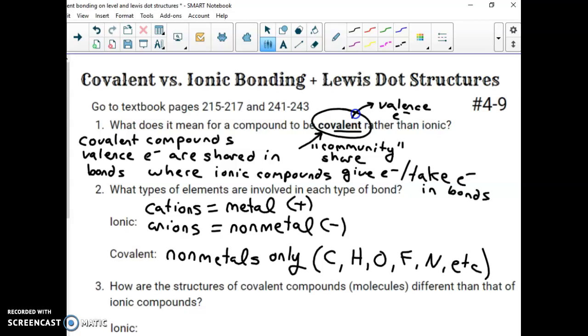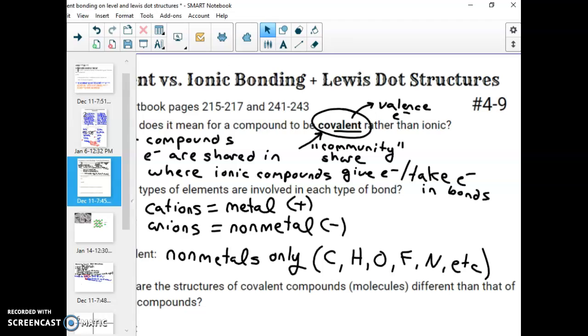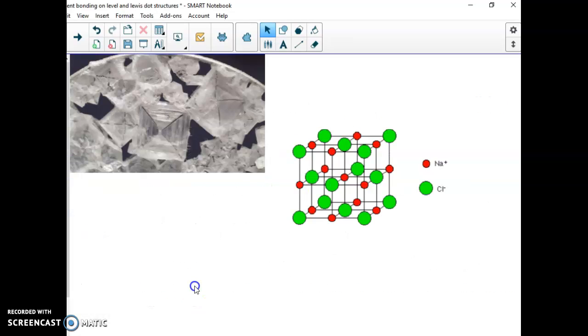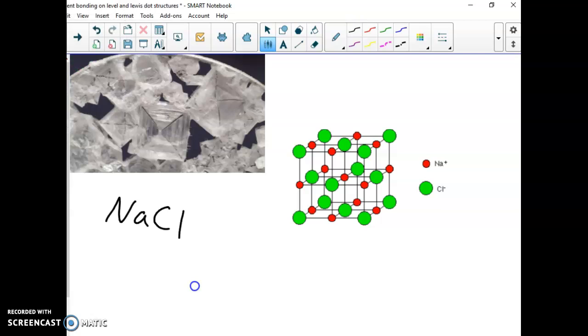So let's look at some structures here. We can change the page. So here we are looking at sodium chloride. We have a model of it here. You can see our little sodium ions, little chloride ions, and they're repeating themselves in this structure.